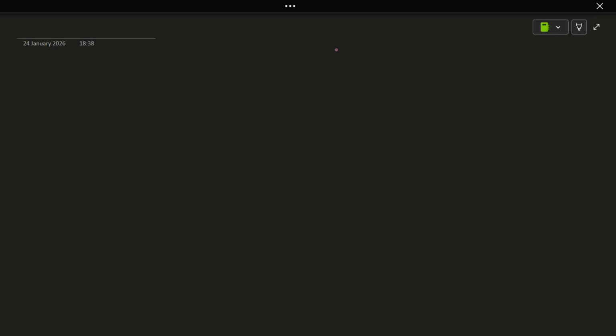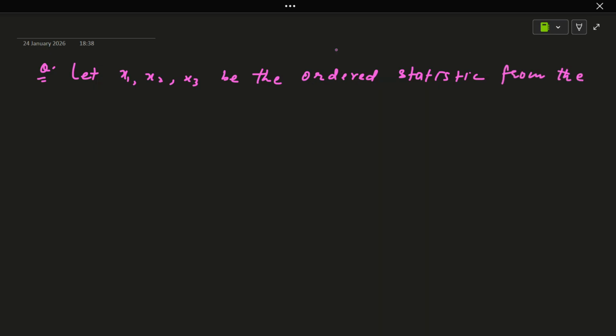The question is: let x1, x2, x3 be the ordered statistics from the uniform population having PDF. क्या होता है यूनिफॉर्म का PDF? यहाँ अगर रेंज हम लेंगे 0 to थीटा, सो PDF क्या होगा?